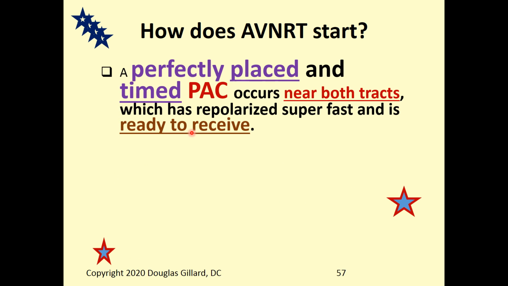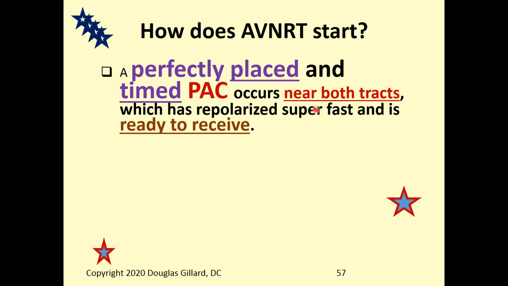So how does the AVNRT get started? Again, a perfectly placed premature beat. It could be a PJC as well. It doesn't have to be just a PAC, but we'll use a PAC this time. And it occurs, well, let's show you in the diagram.